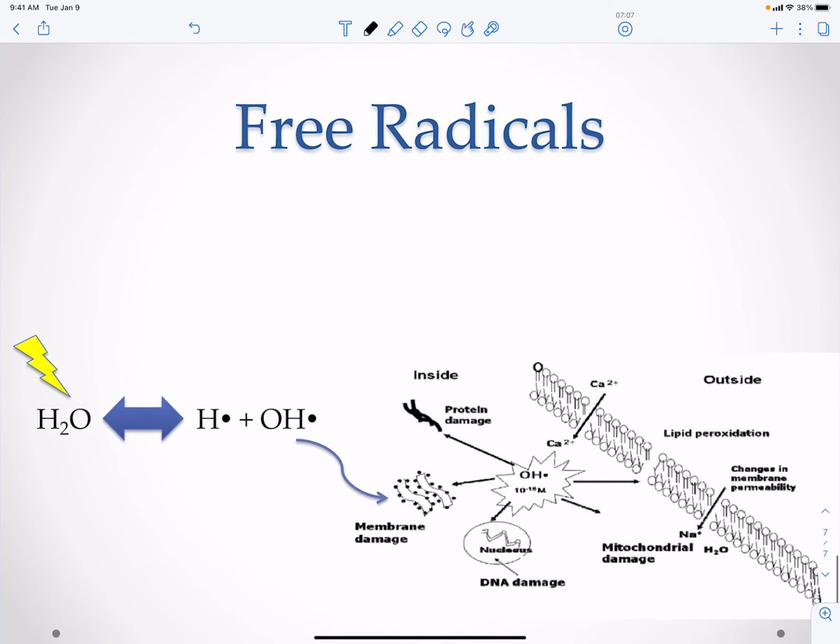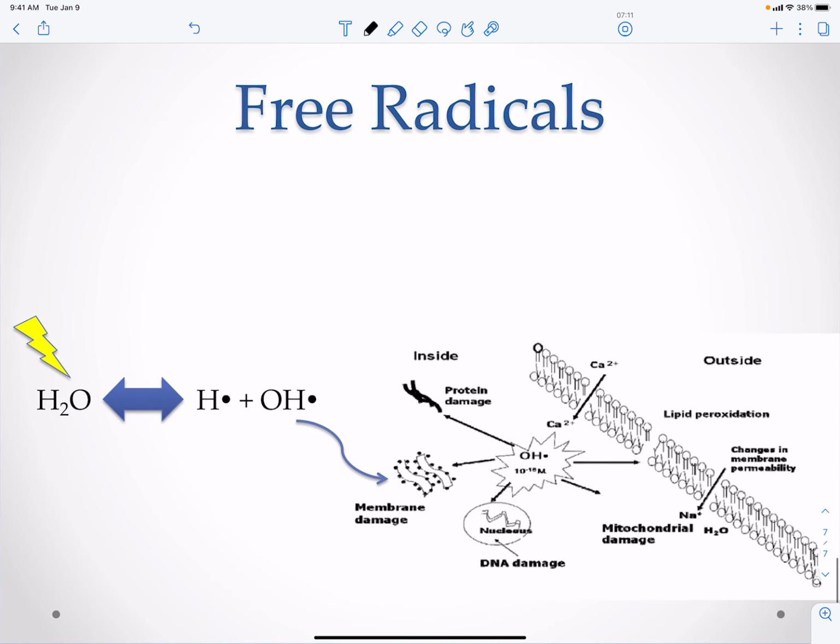And then finally, I just want to talk about free radicals. Of course, these are not proteins, but these are also very important in the body. Free radicals means basically free, existing independent, meaning not bound to anything, in a solution, meaning our blood, our cytosol.